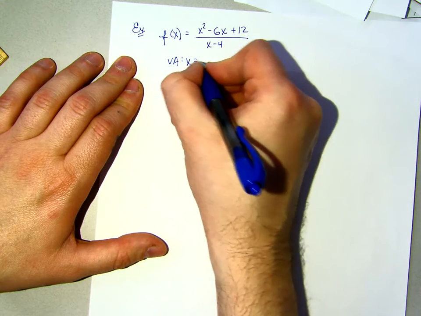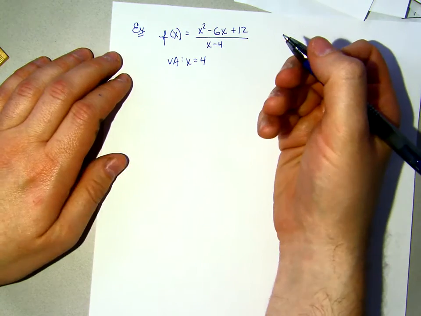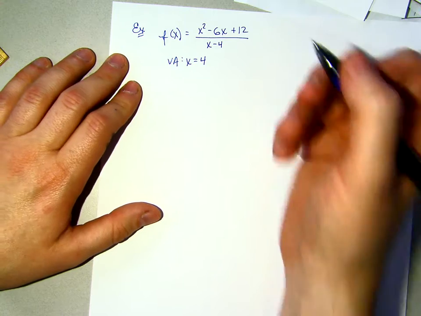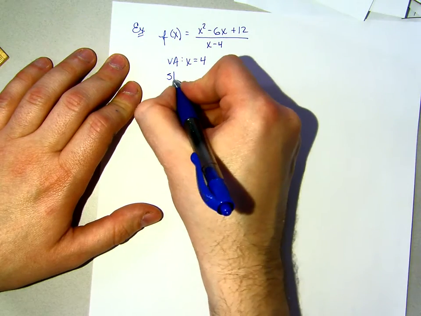Have you decided if it's a horizontal or a slant asymptote? Slant, yeah, because the degree of the numerator is one more than the degree of the denominator.